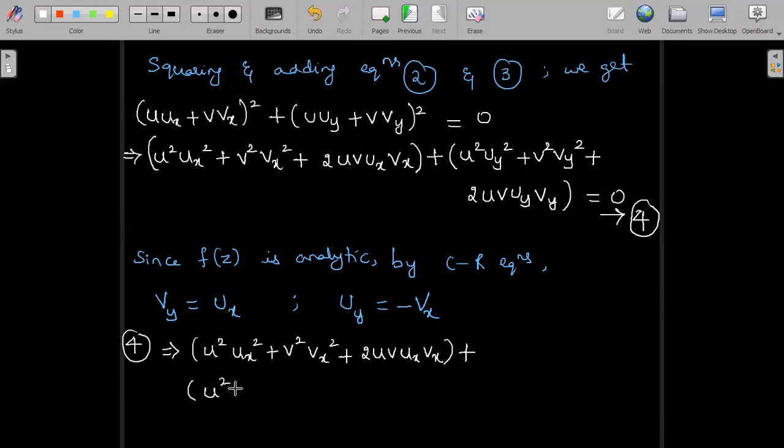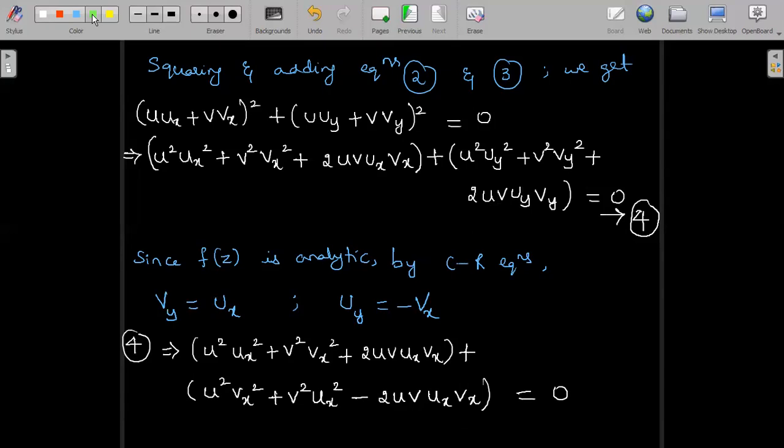So when I square it, it is plus vx square plus v square into vy is nothing but ux. So it is ux square. And we have minus 2uv into ux into vx is equal to 0. It's minus because there was a plus sign, but one of the CR equation is negative. Uy is negative. So when I take uy as minus vx, we get a negative sign. Plus into minus becomes minus. So that is the reason I wrote minus here.